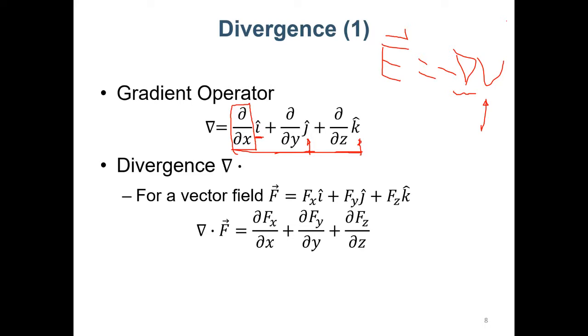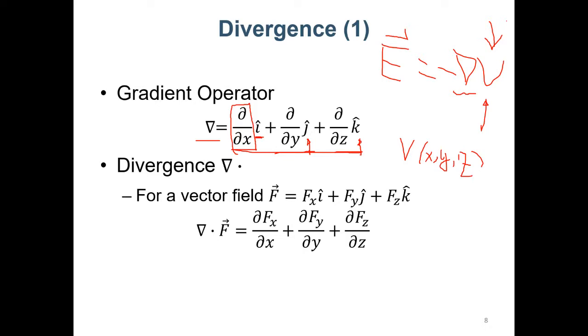So the gradient operator is something like this, and if you have a scalar which is operated on by this operator, then you can calculate it with, for example, V. You can take the derivative, because V may be a function of x, y, z, so you can take the partial derivative with respect to x, y, or z.